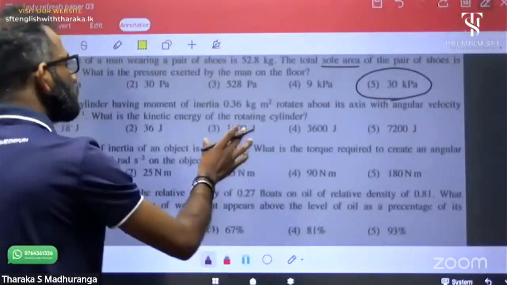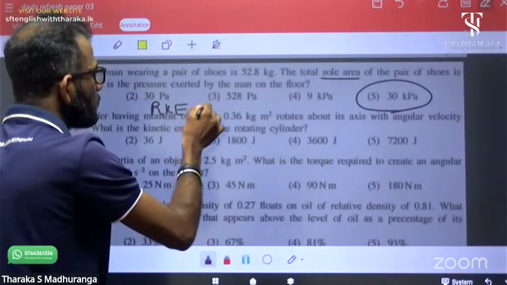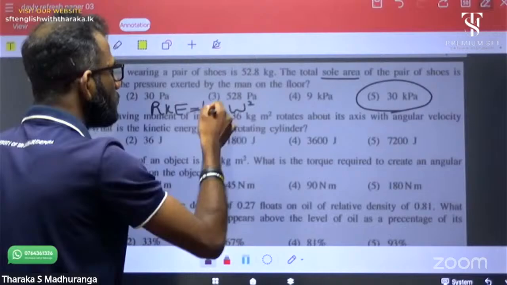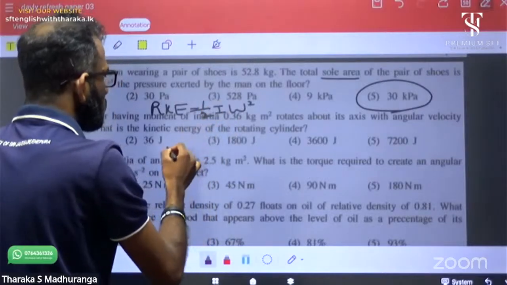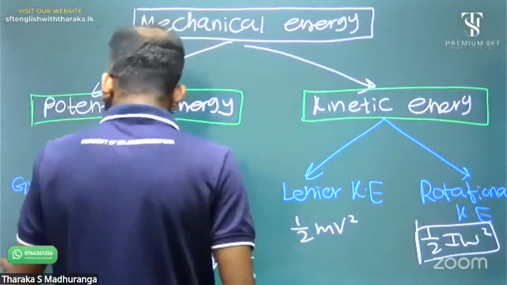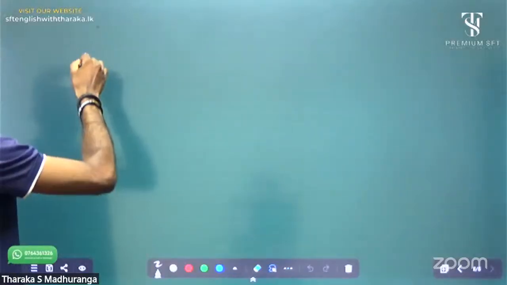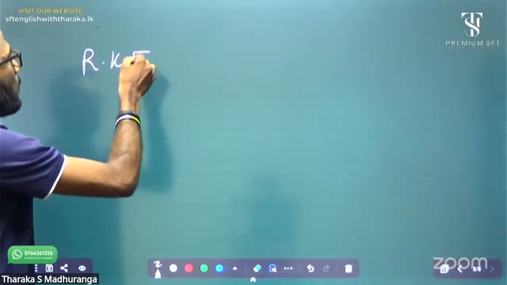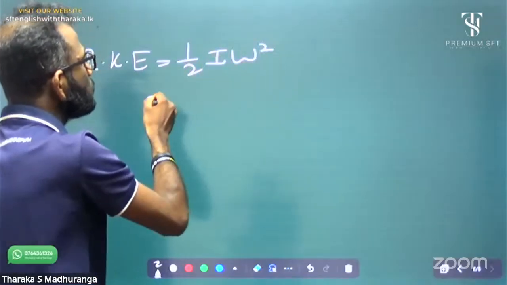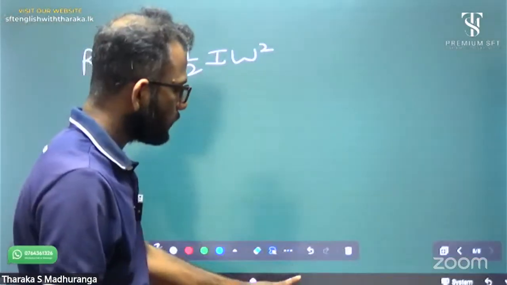The equation is half I omega squared. It is not W; omega is angular velocity, and I means moment of inertia. Both are given in the question.